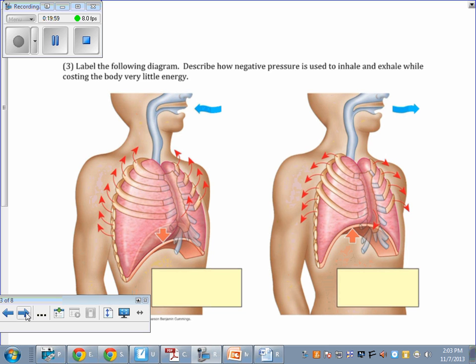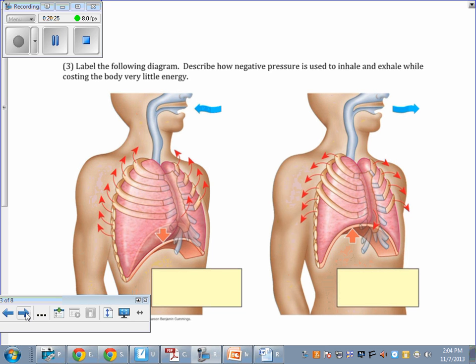There are actual muscles between the ribs called intercostal muscles. These are the ones you like to slap barbecue sauce on and gnaw with your teeth. Okay? So there are intercostal muscles between the rib cage, and there is this big diaphragm.